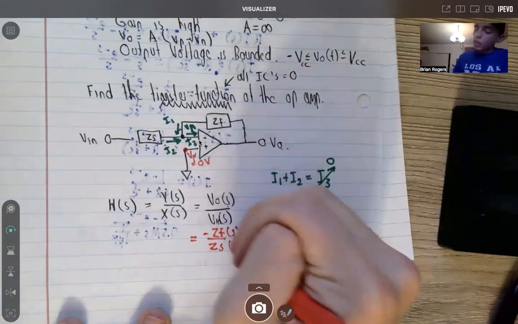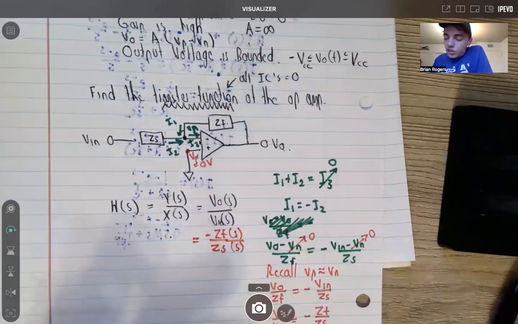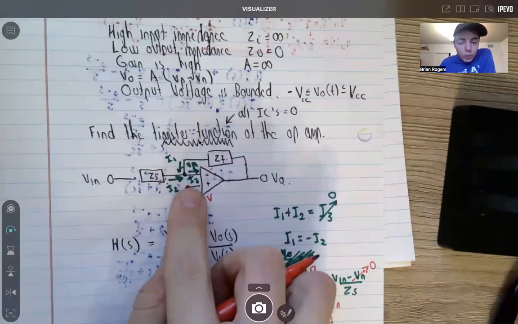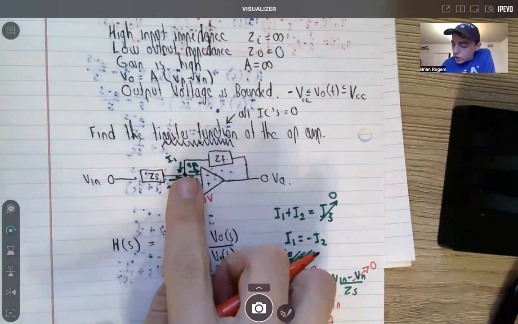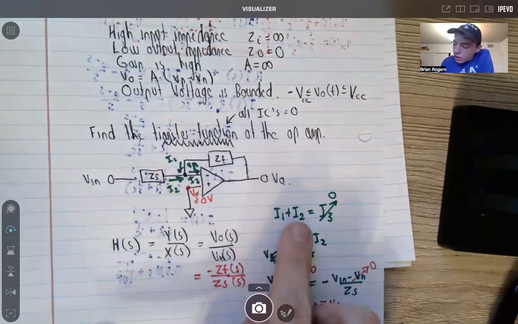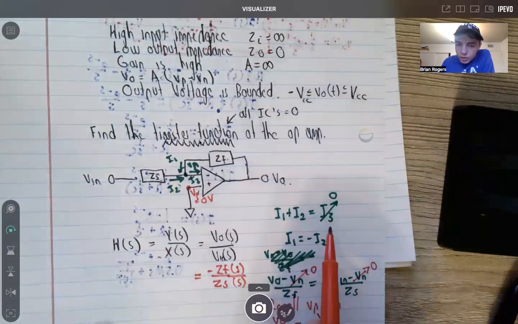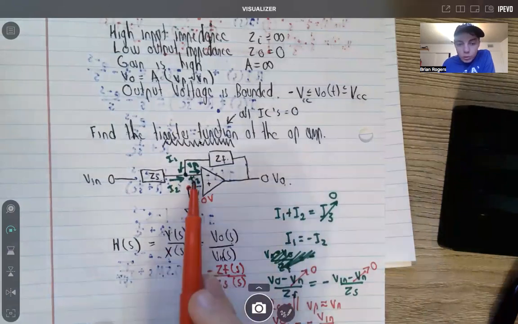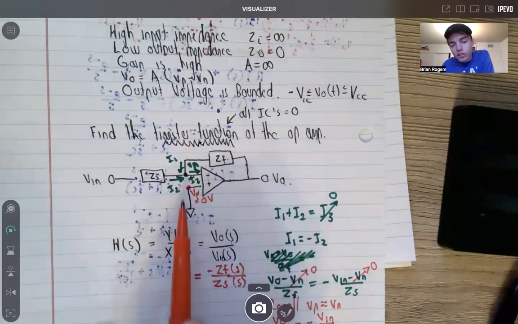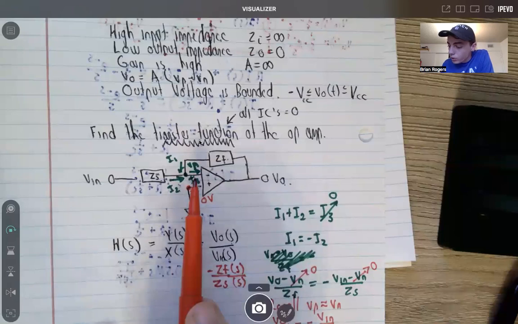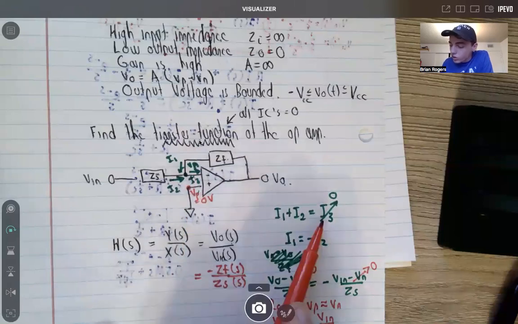And so what we did here is we just did nodal analysis at one of the nodes. We saw all the currents coming in, and then we wrote our current equation here. Then we knew that the current at the op amp's input terminals is about 0 because it has infinite impedance there. That means it has a very high resistance, so barely any current will flow through those input terminals. So we said it goes towards 0.